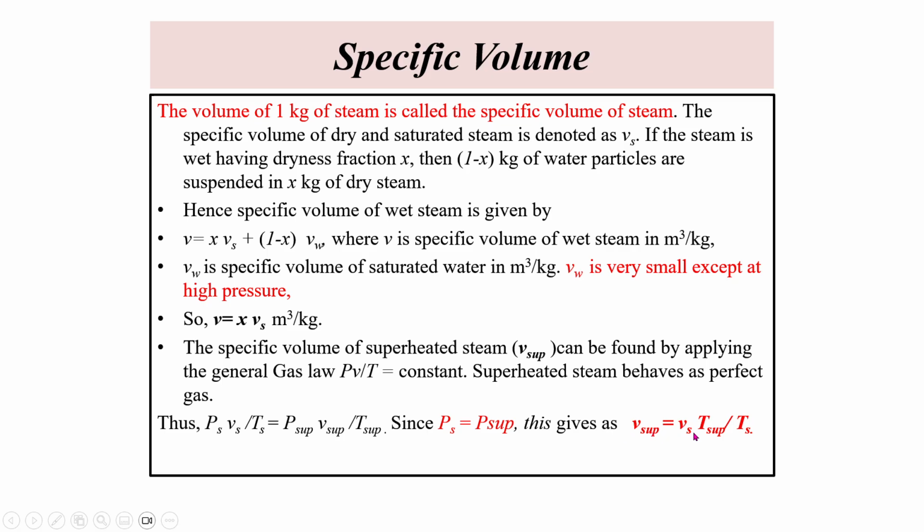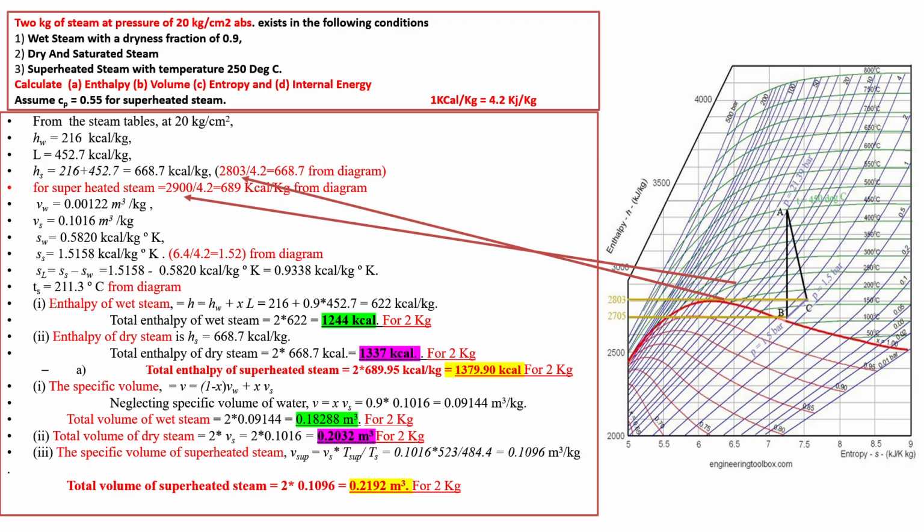Then you can calculate the volume of superheated steam, that is Vs, your dry saturated steam volume, into T superheated steam divided by T saturation temperature. So you can calculate the superheated steam specific volume, wet steam specific volume and dry saturated steam specific volume.